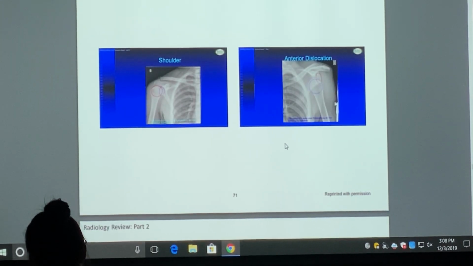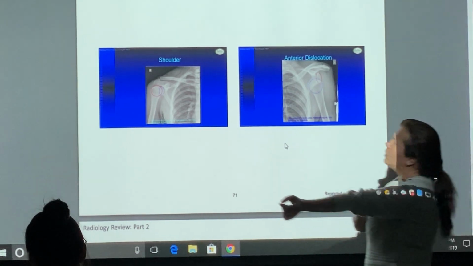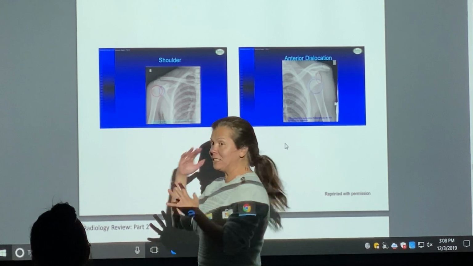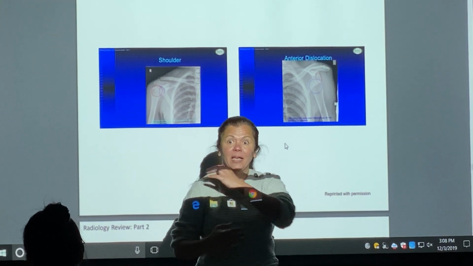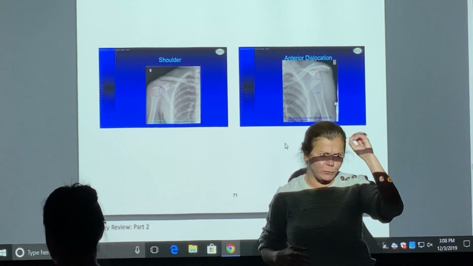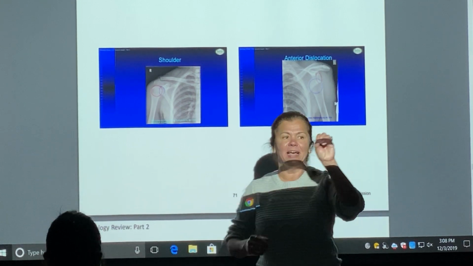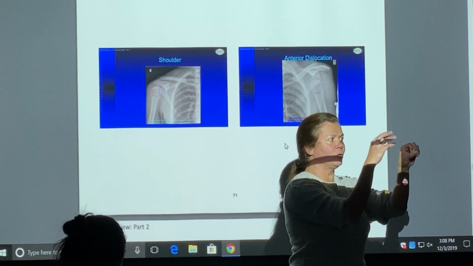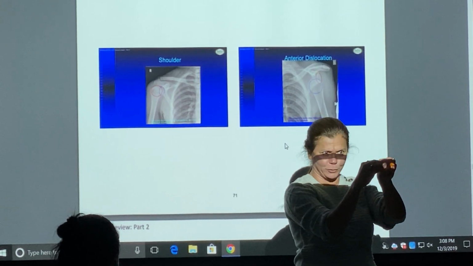Now the shoulder, the normal anatomy of the shoulder, if you recall, you have the scapula back here, right? In the scapula, you have a fossa, which is called the glenoid fossa, okay? The glenoid fossa is not only attached to the clavicle, but it's attached to the head of the humerus, okay?